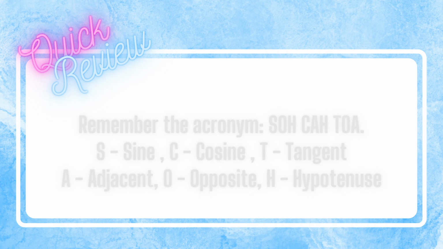Remember the acronym SOH CAH TOA, where S stands for sine, C for cosine, and T for tangent. And A stands for the adjacent side, O the opposite side, and H the hypotenuse.